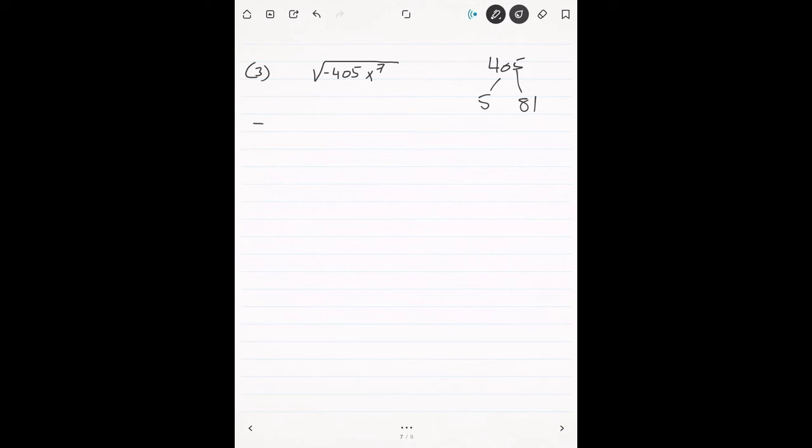So let's go ahead and say, instead of the square root of negative 405, we have the square root of negative 1 times the square root of 81 times the square root of 5. And instead of x to the 7th, let's take x to the 6th and the square root of x, and let's start breaking these down individually.